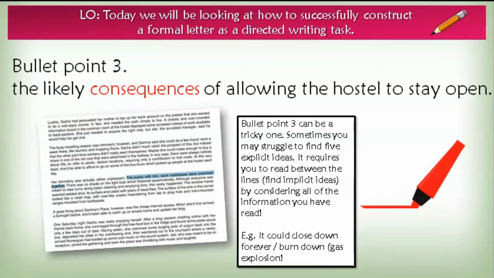So you really need to infer and read between the lines. For example, ultimately it could close down forever. It could burn down. There could be some sort of explosion because of the unchecked gas leak. Those are the kind of things that you need to write about. So scan the text again and see if you can jot down some relevant ideas.